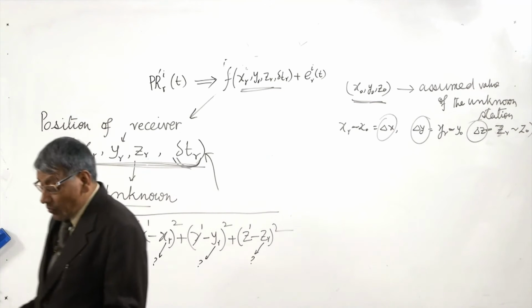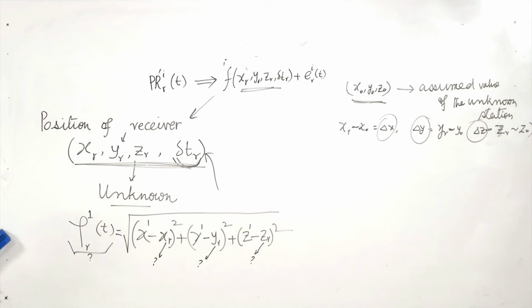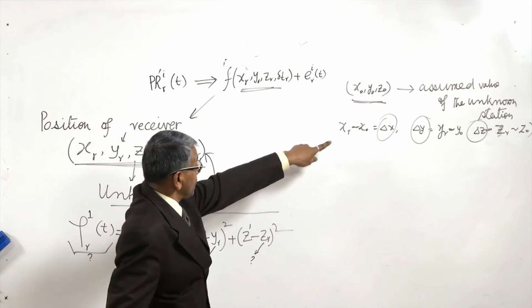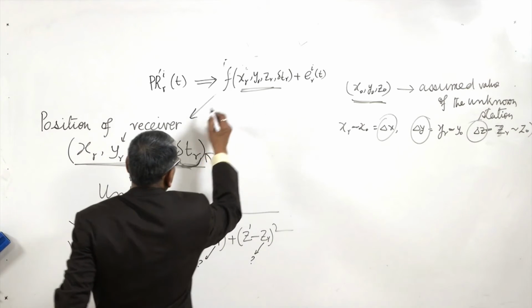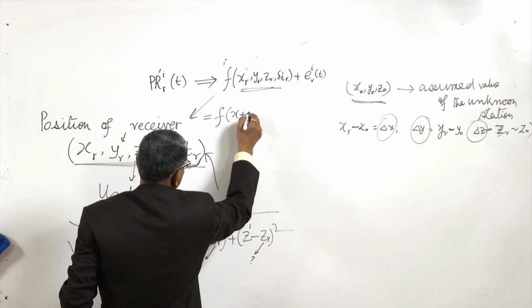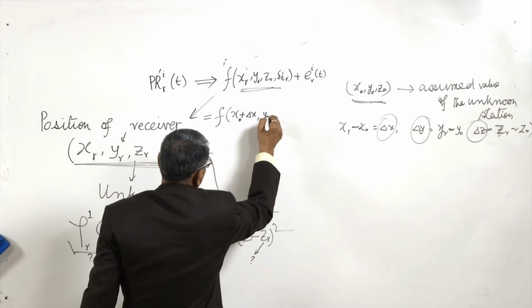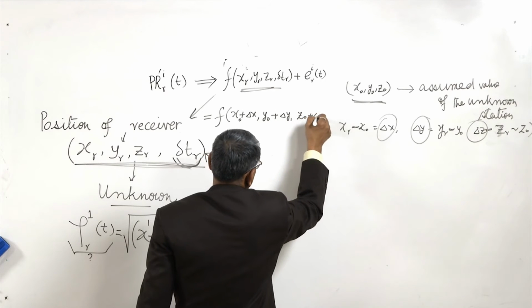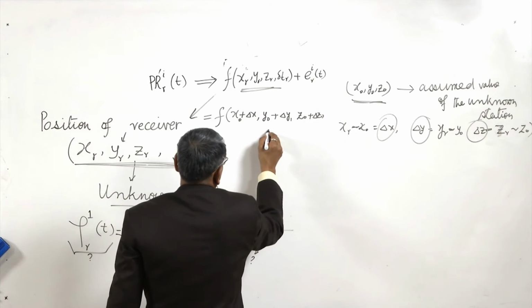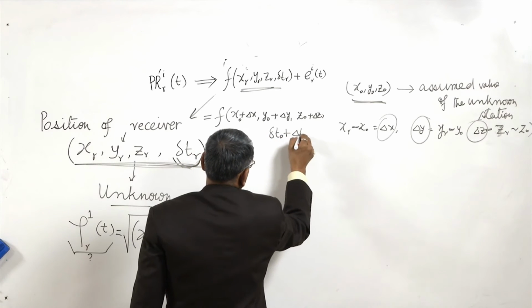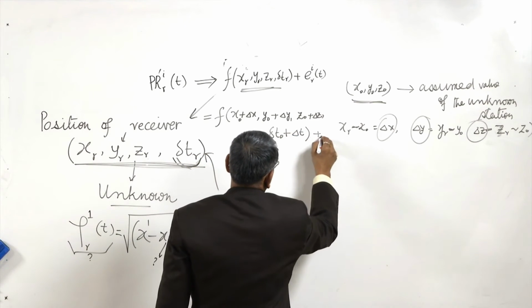So now if we assume this, then we can write this function as f of x0 plus del x, y0 plus del y, z0 plus del z, and del t0 plus del t.